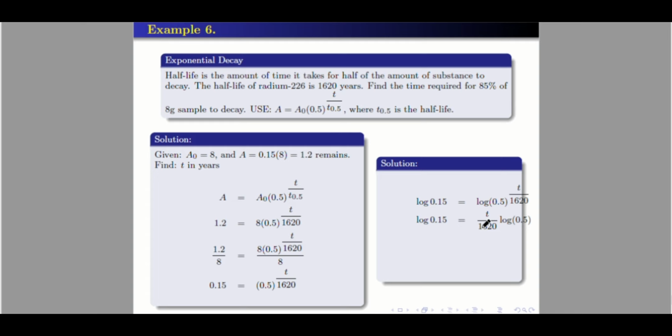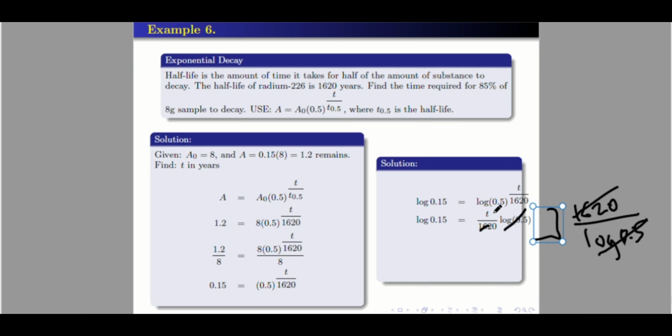Okay, now we need to cancel this. We only need t, right? So to cancel 1620, we need to multiply this with 1620, so that we can cancel this. And then we must divide by log 0.5 so that this will be cancelled, and then t will remain.